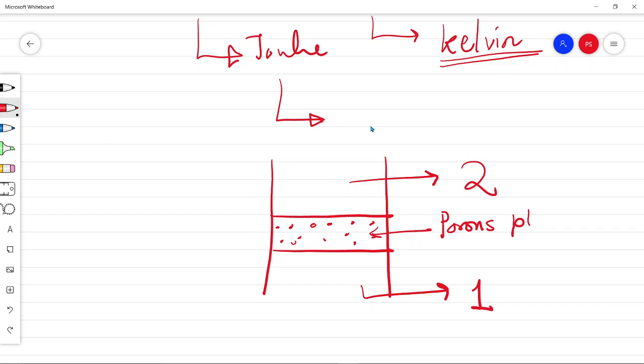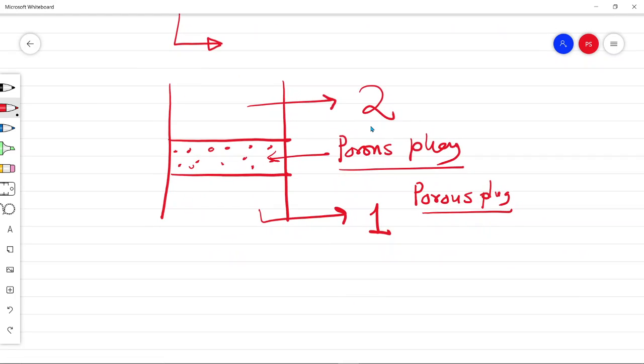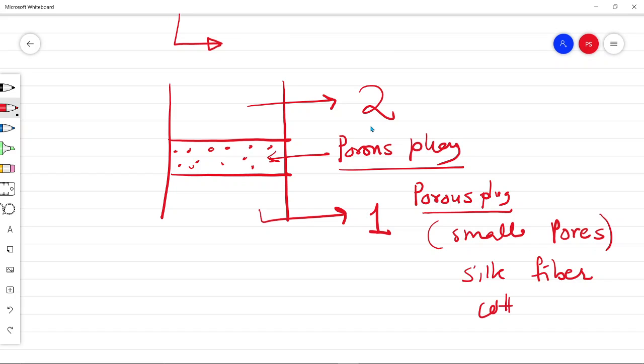A porous plug is nothing but a plug having very small holes, or as we can call them pores, and it is made up of silk fiber or cotton wool material when it is compressed very highly.